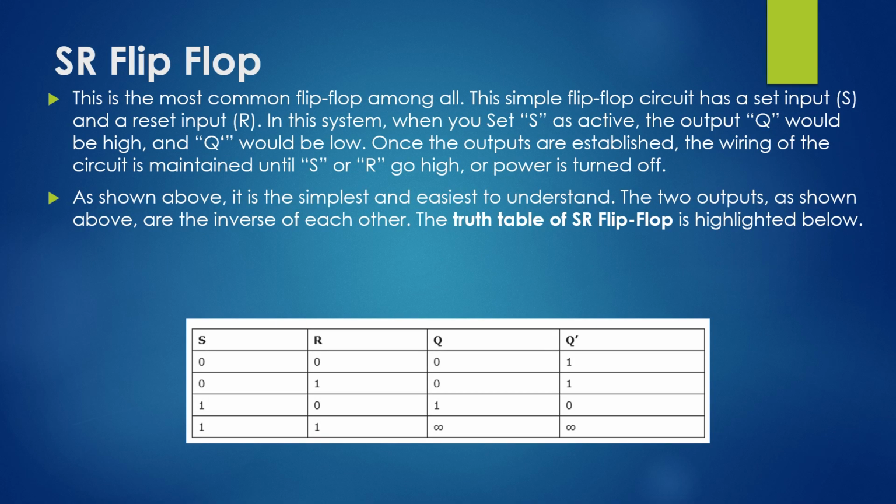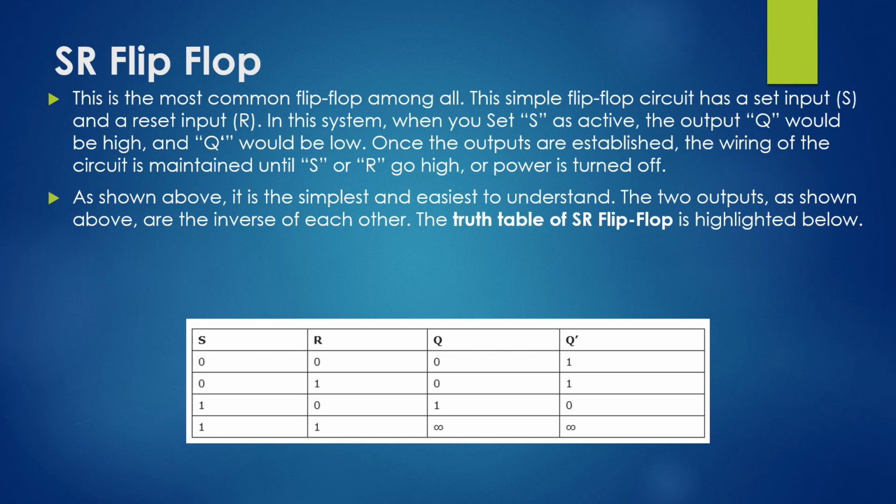SR flip-flop. This is the most common flip-flop among all. The simple flip-flop circuit has a set input S and a reset input R. That's why it is called RS or SR flip-flop. When you set S as active, the output Q will be high and Q dash will be low.